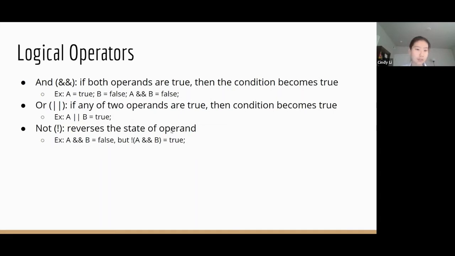Interesting comment, William, very interesting. Not reverses the state of the operand. Basically, you guys will be needing these once you start coding, and I will be demonstrating that in Replit a little bit later.